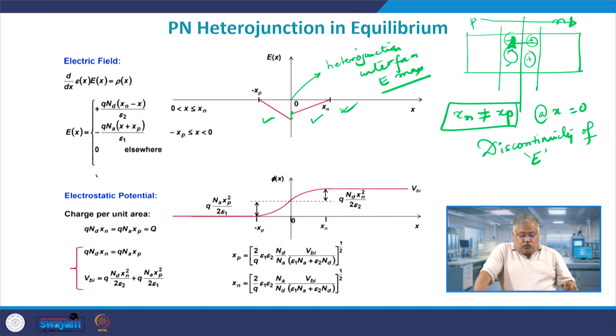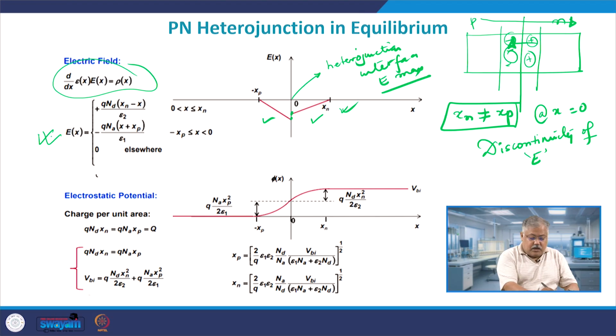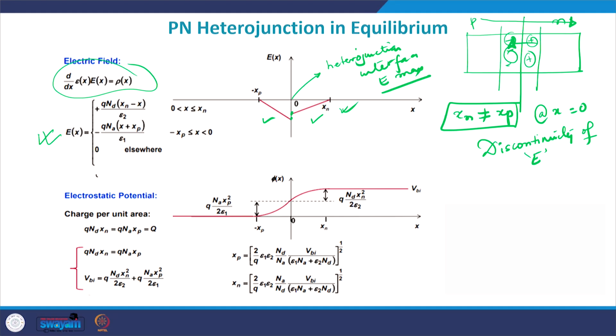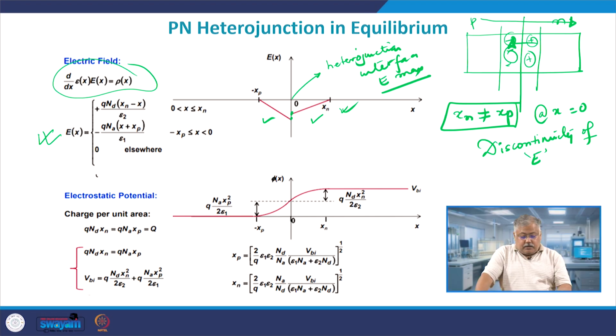So try to figure out why that electric field is there, and that comes from this expression, the Poisson equation. From here I get the electric field variation with respect to x to be equal to q Nd (xn minus x) by epsilon 2, and epsilon Ex equals minus q Na (x plus xp) by epsilon.